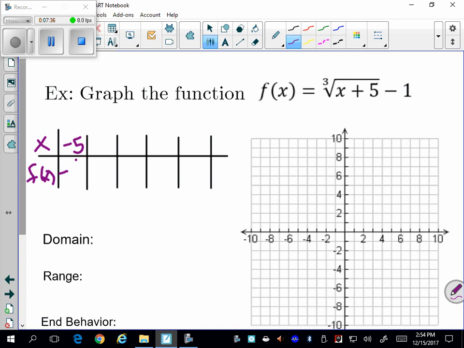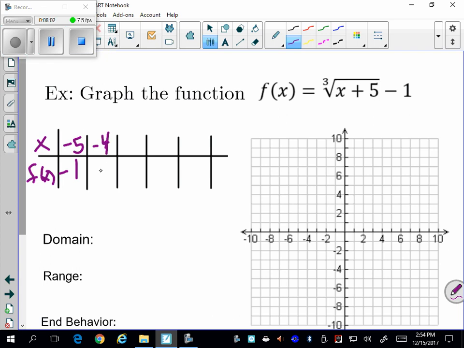And we also want to make this 1. So that would be -4: -4 plus 5 is 1, and the cube root of 1 is 1, minus 1 is 0, so we have -4, 0.